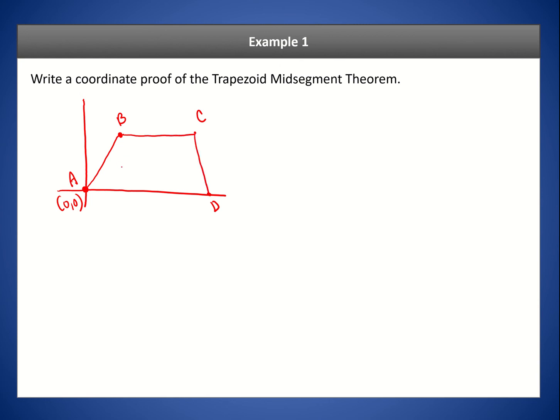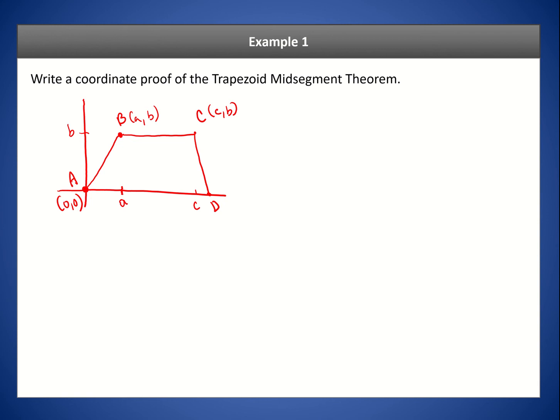And let's say that the coordinates of point B are lowercase a away and lowercase b up. And let's say that point C is lowercase c away and lowercase b up. So C is (c, b), and B is (a, b).